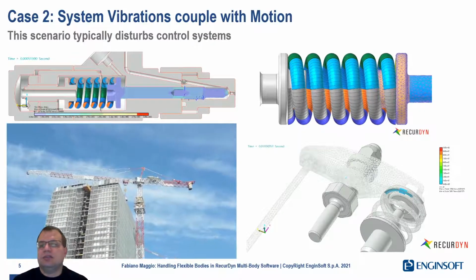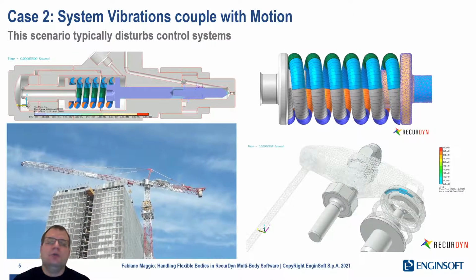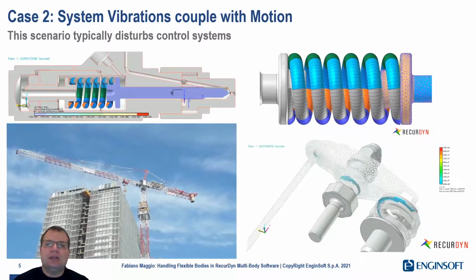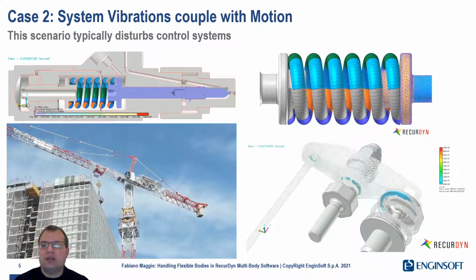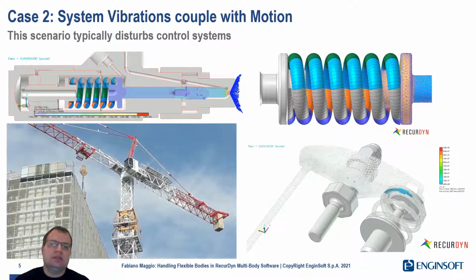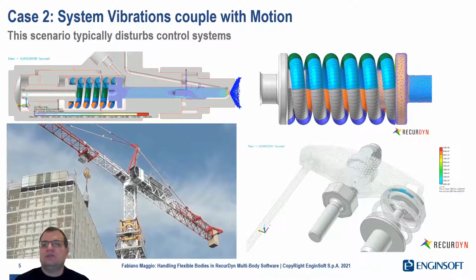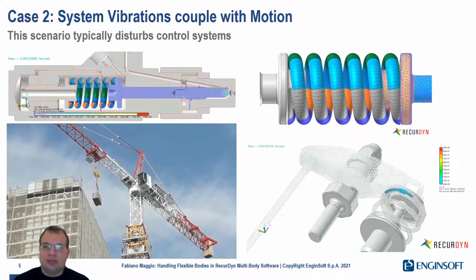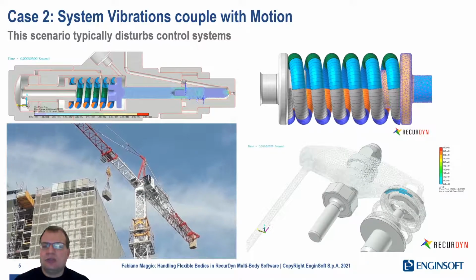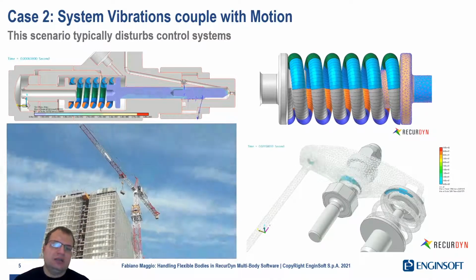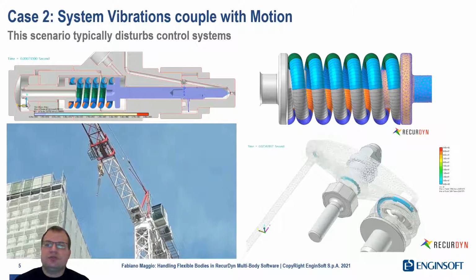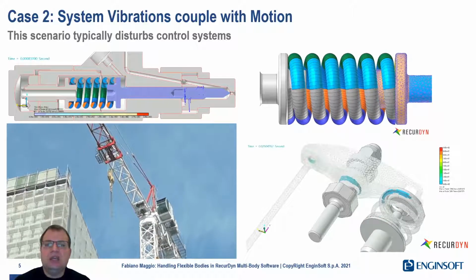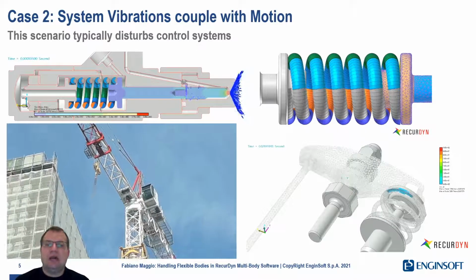In this slide, you can see what I mean for coupling between natural frequencies and system dynamics. The injector on top is operating at very high speed, because when the electric actuator opens the pin, it moves at speed of light.